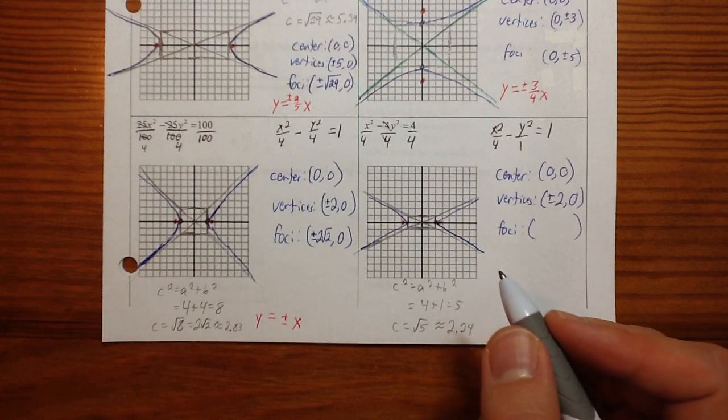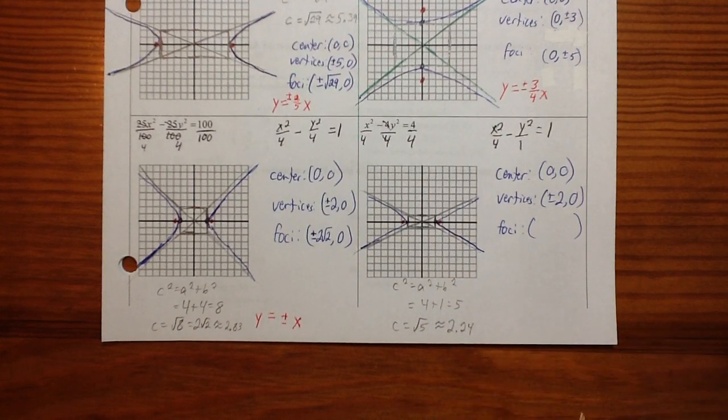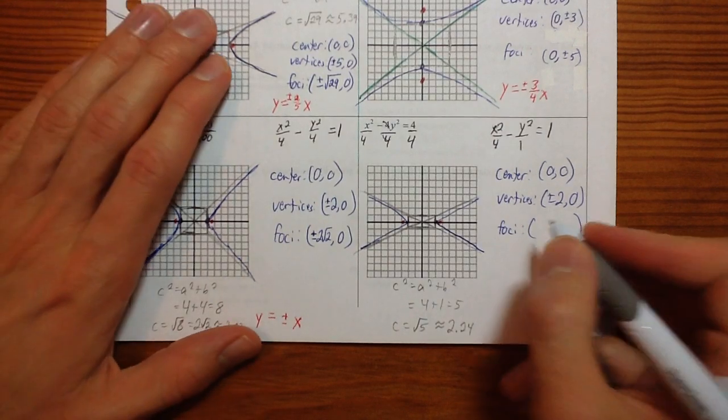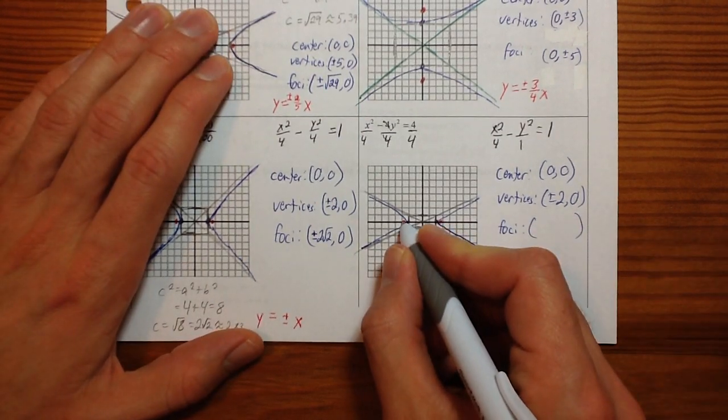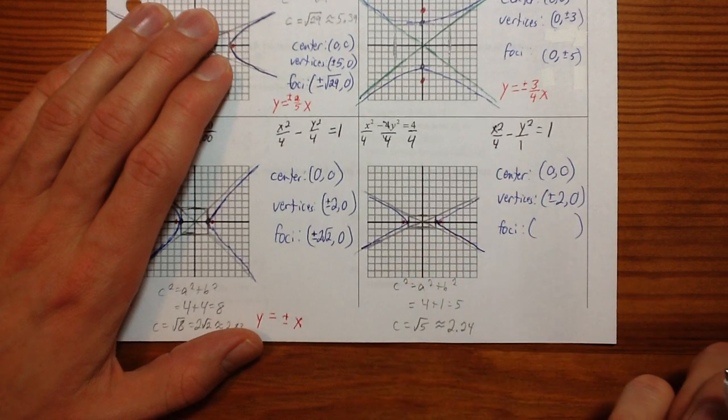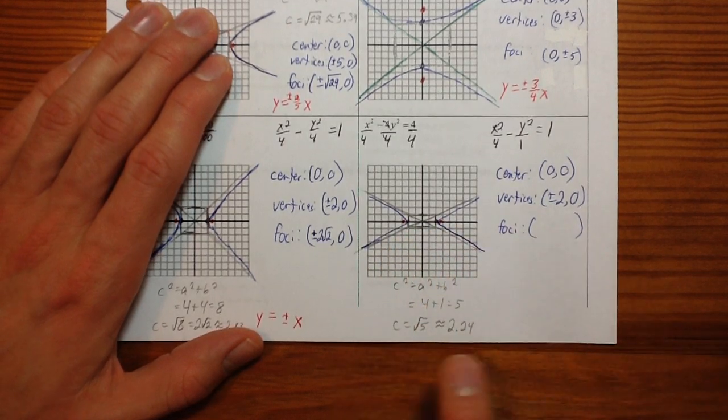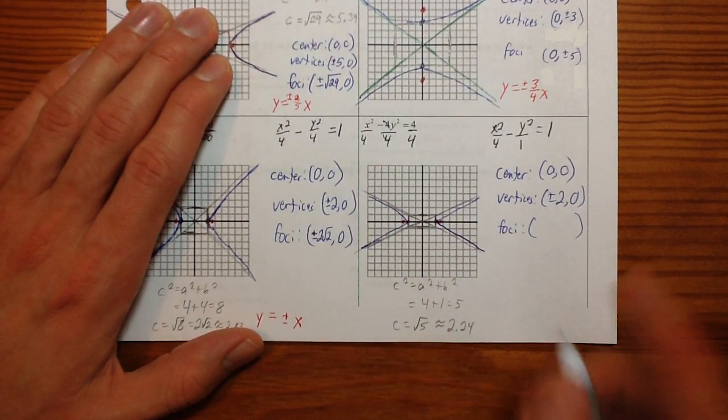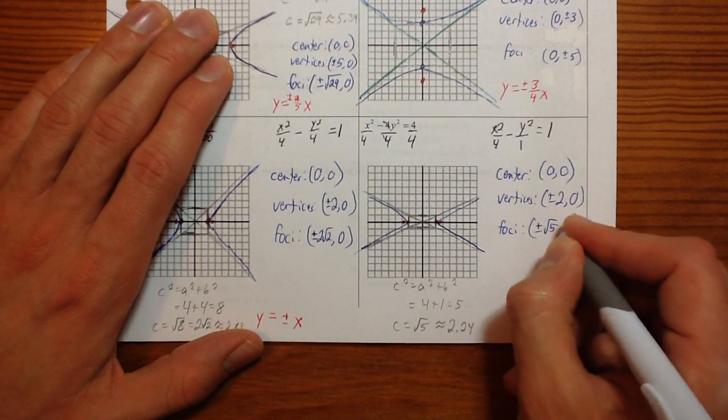Now I had to go a lot more because it's kind of hard to tell. There it is. Alright, foci are at that red dot, comma 0, and that red dot, comma 0. That was horizontal movement of that much, square root of 5. So plus or minus square root of 5, comma 0.